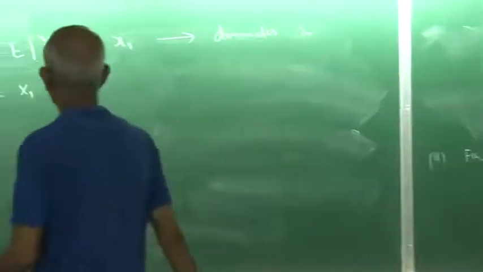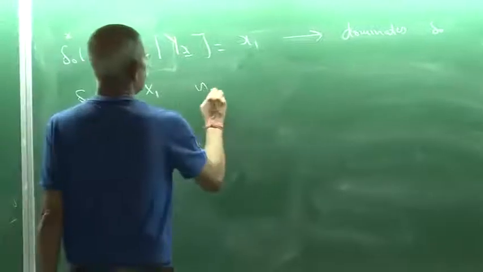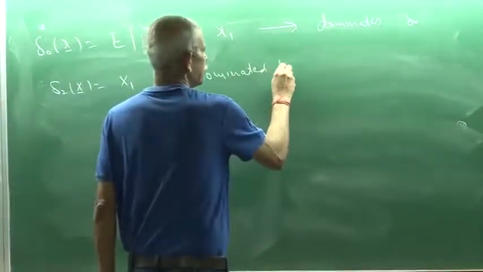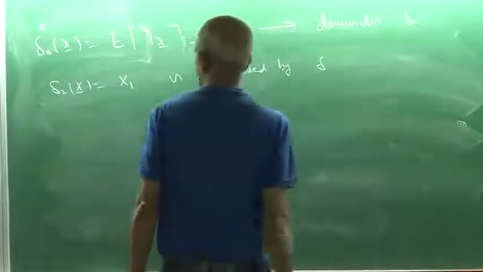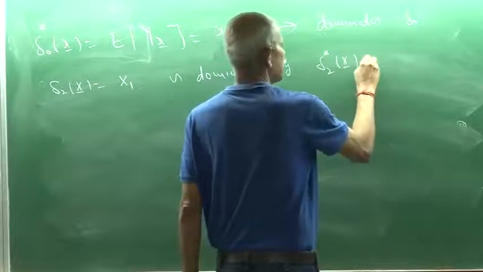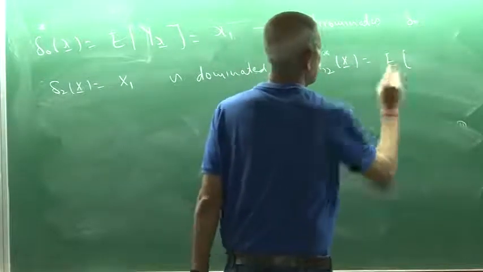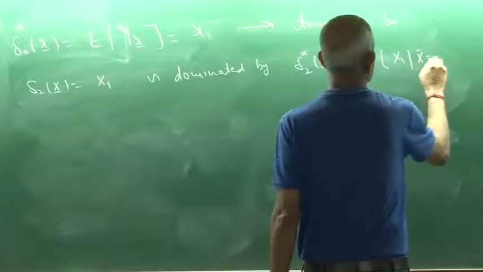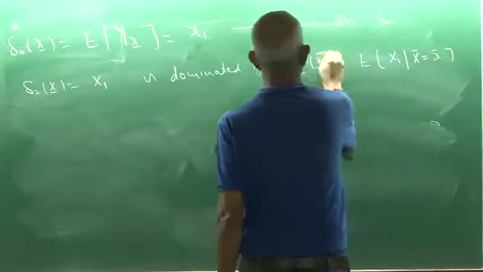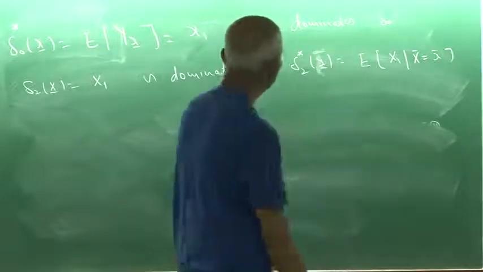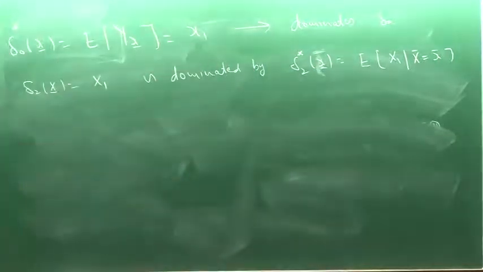So delta 1 is dominated by delta 2 star x, which is the expected value of x1 given x bar equal to x bar. Sorry, delta 1 given small x. That is what it says.